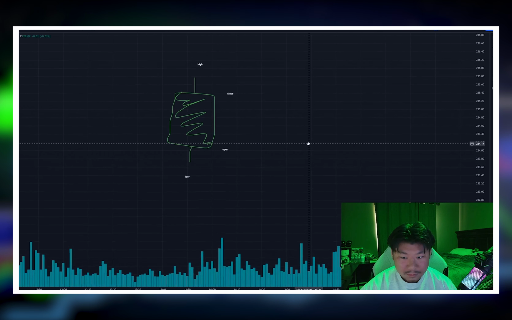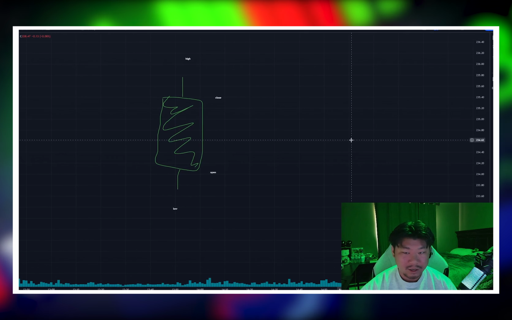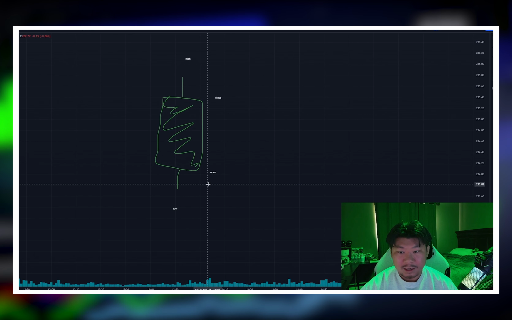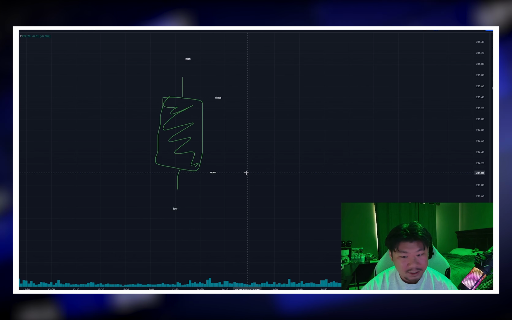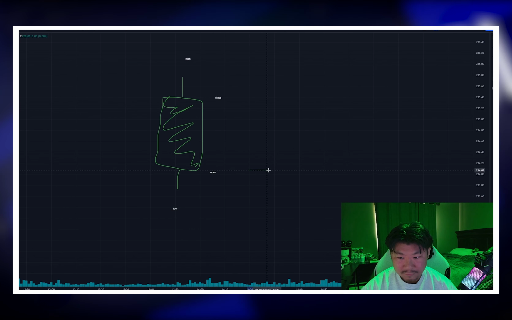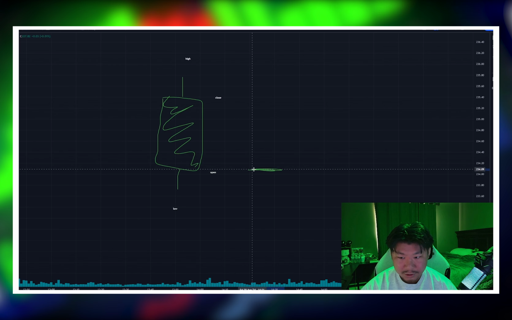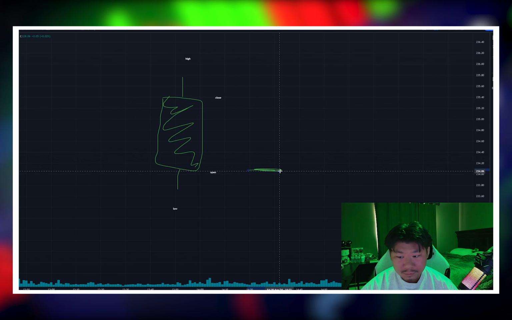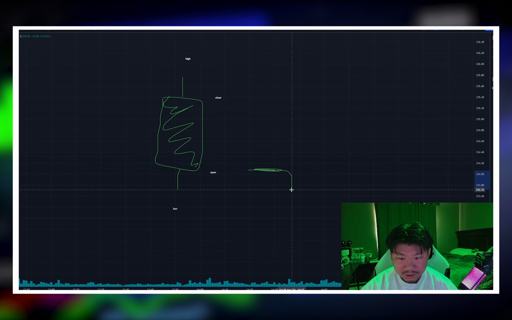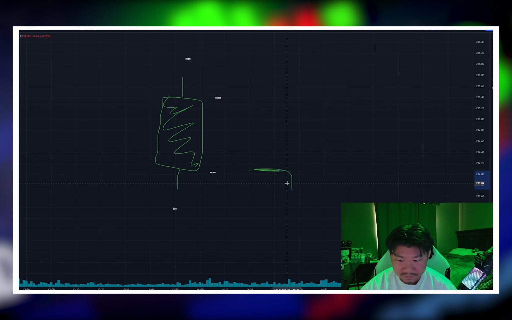So, why is this important when we're reading price action? The reason why all these four key components are important is because it tells us how the candle is moving, right? So if we, for example, open right here at 100, that's the opening price of the candle, and we come down, let's just say we drop 50 cents, so we're at 99.50 now.